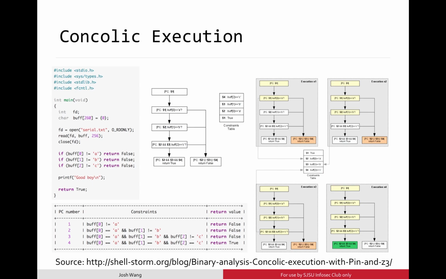Patient, guys. All right, so this is just another example of concolic execution. When you do concolic execution, you're running the program multiple times, and each time you run it, you solve another constraint in order to generate the next input value.